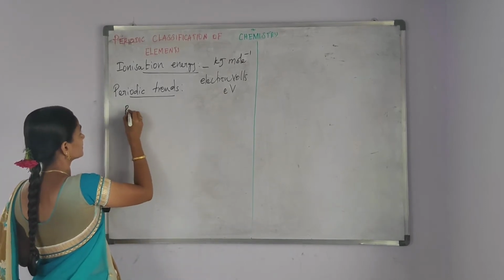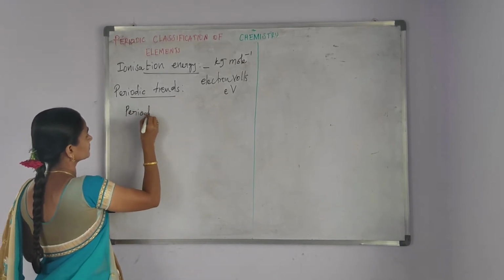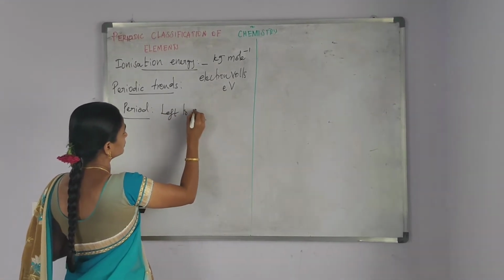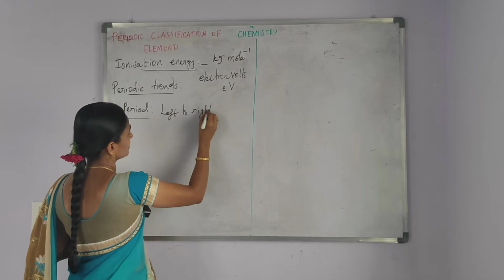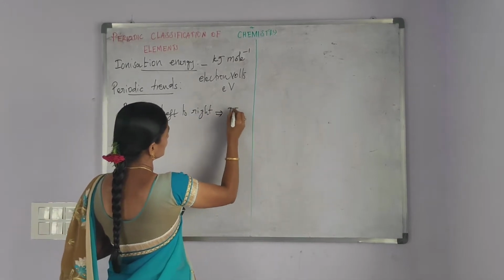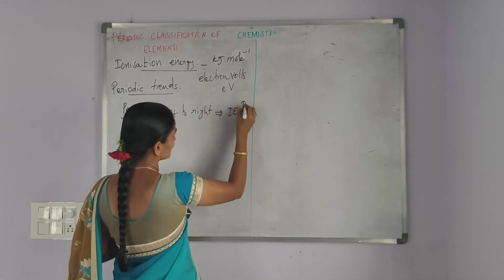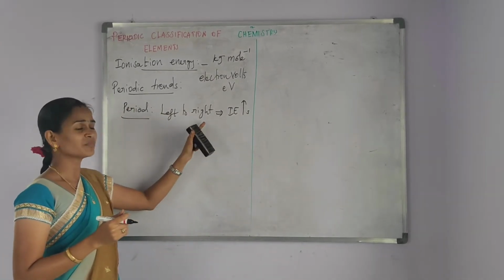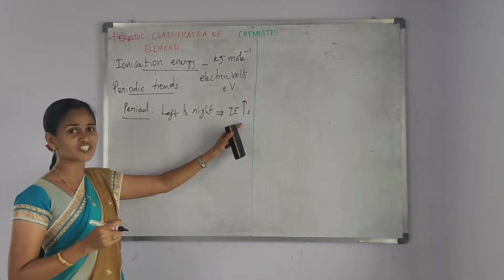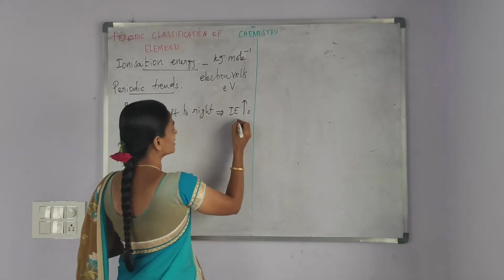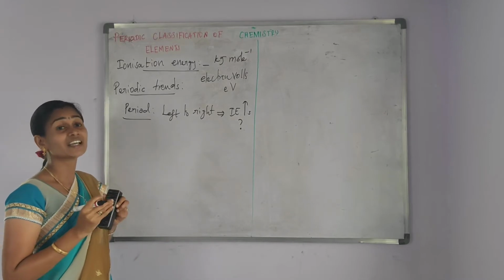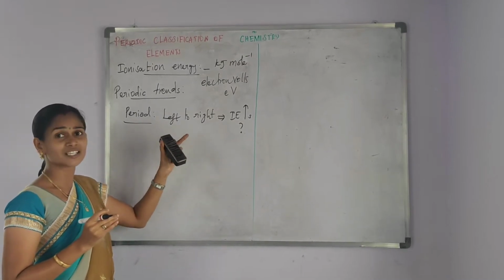First of all, in a period, that is from left to right, ionization energy increases. Now the question is, why does ionization energy increase along the period?